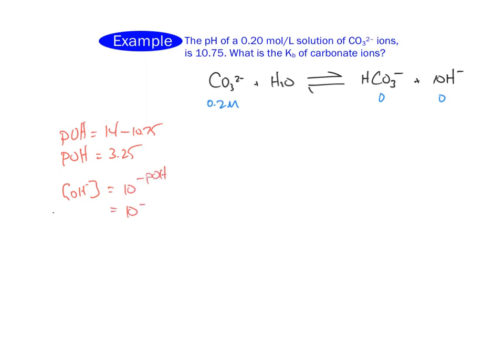So that's 10 to the negative 3.25. So let's go ahead and figure out what that is. If we figure out what 10 to the negative 3.25 is, what we get is 5.62 times 10 to the negative 4.